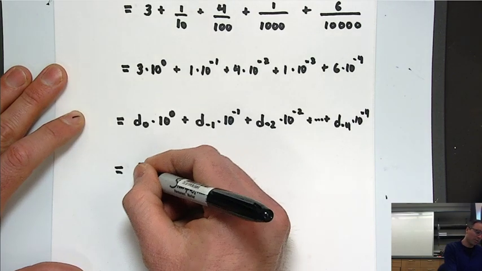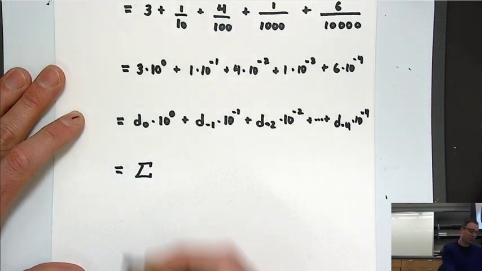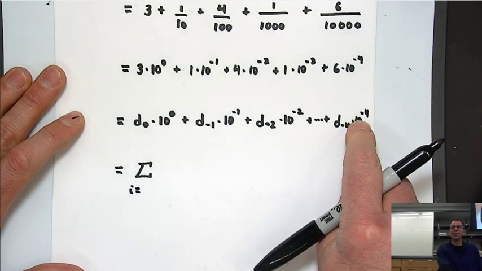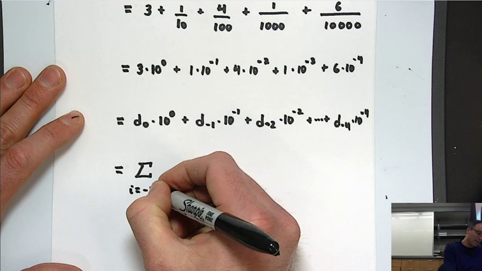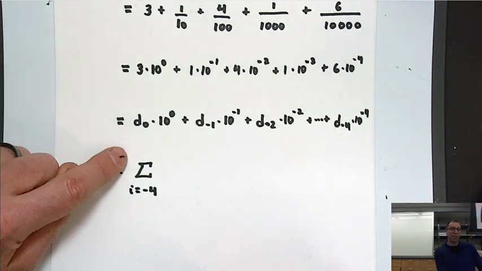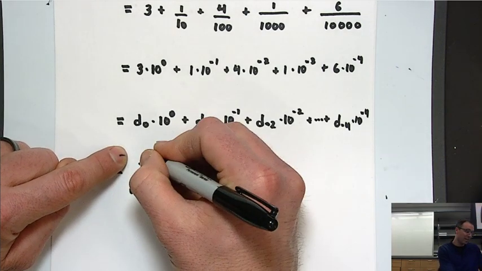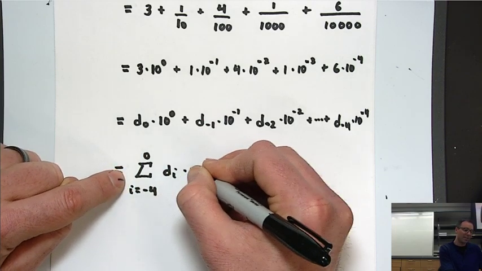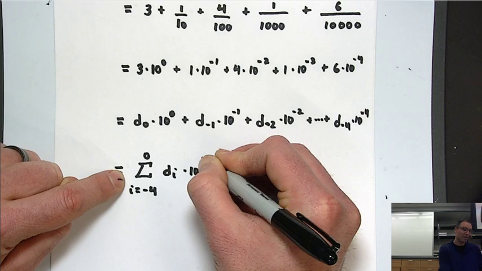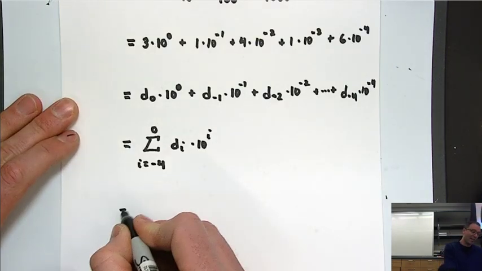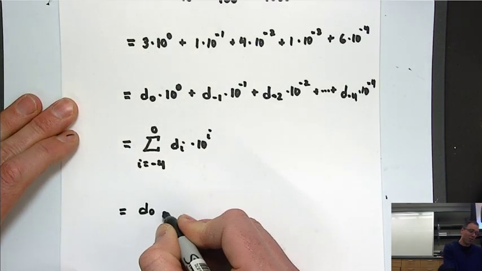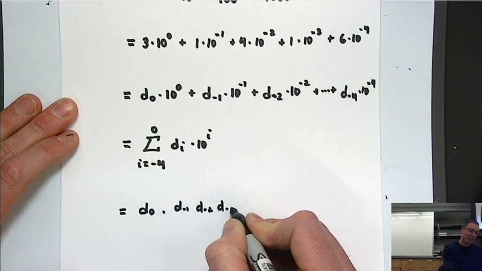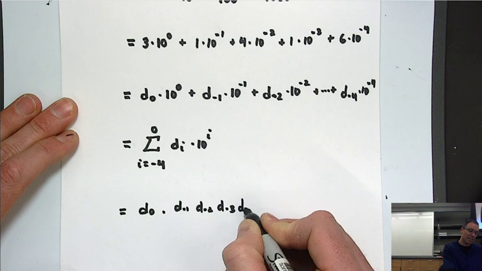What's the summation? Lower bound of the summation would be -4. Upper bound of the summation would be 0. Each individual element is d sub i times 10 to the i. Another way to write that is d naught radix point d -1, d -2, d -3, d -4.